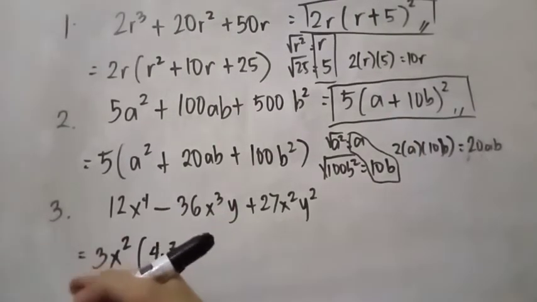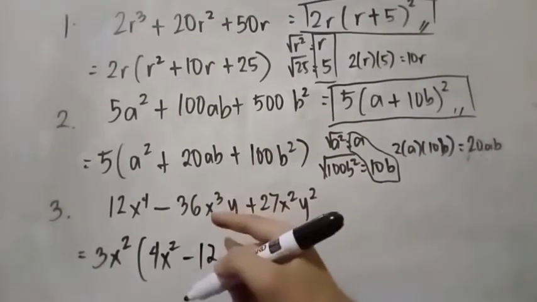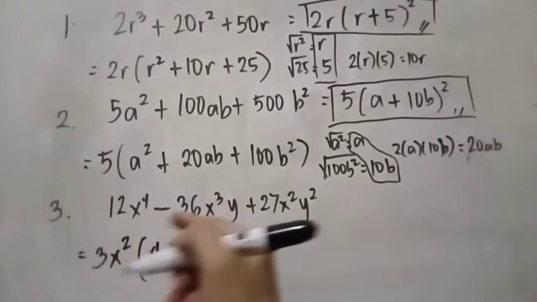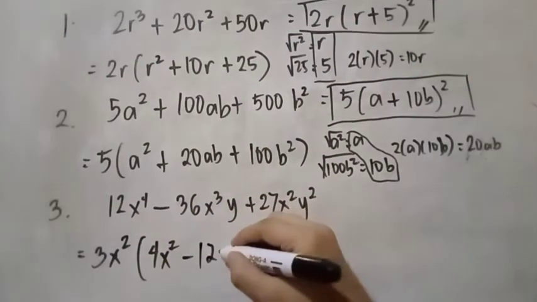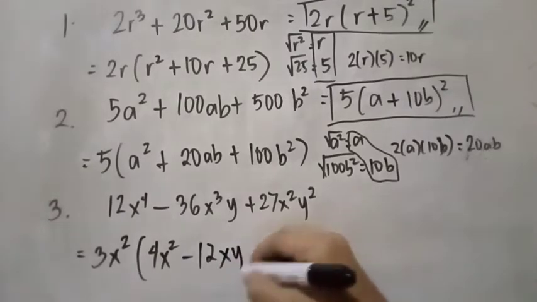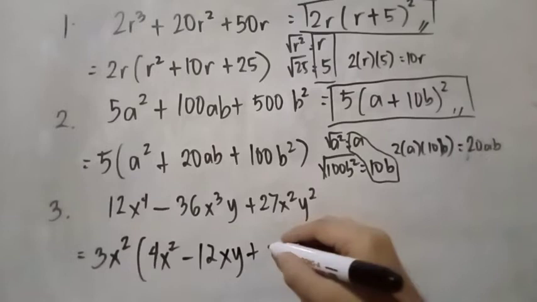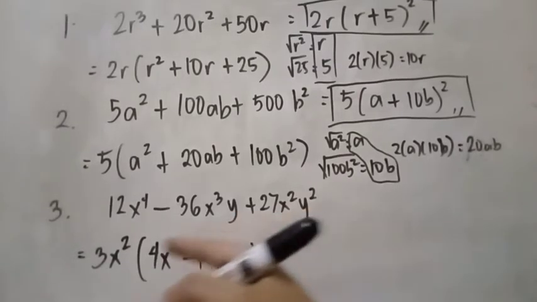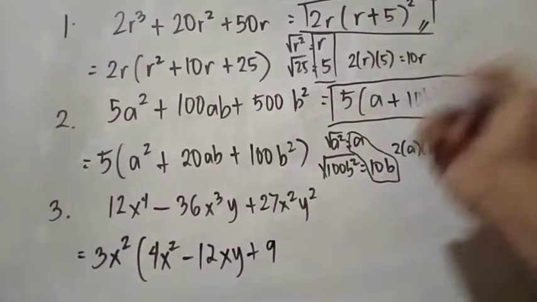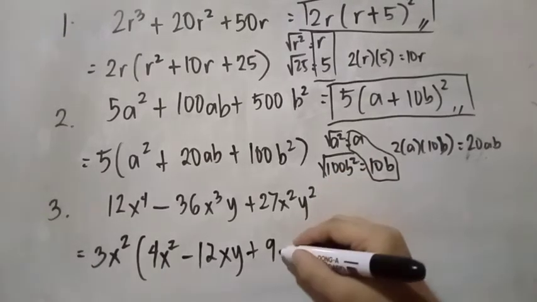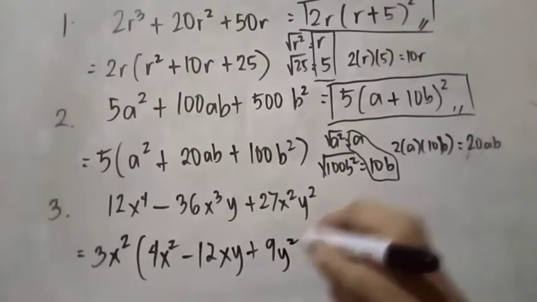Minus 36 divided by 3, 12. Then x cubed divided by x squared, alisin mo ng dalawa, x na lang matitira. And then y. Plus 27 divided by 3, 9. Then x squared, alisin mo ng dalawa, so wala ka nang natira sa x. So, and then we have y squared here.